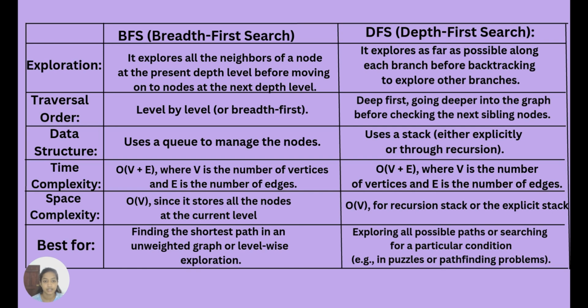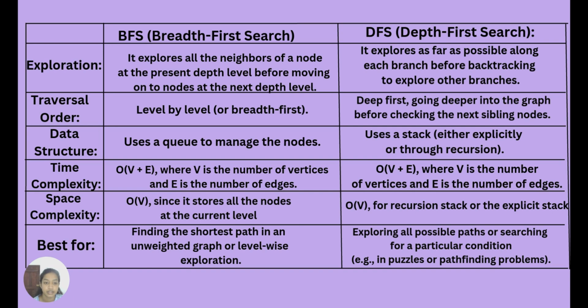Breadth first search space complexity is O(V), since it stores all the nodes at the current level. Depth first search space complexity is O(V) for the recursion stack or the explicit stack.